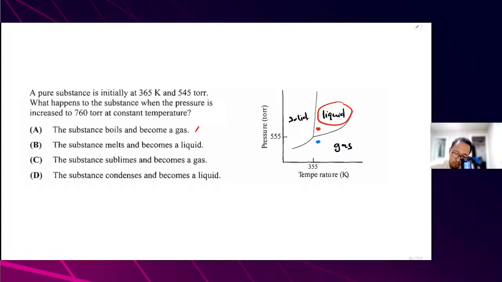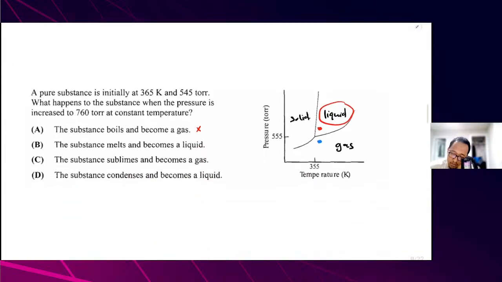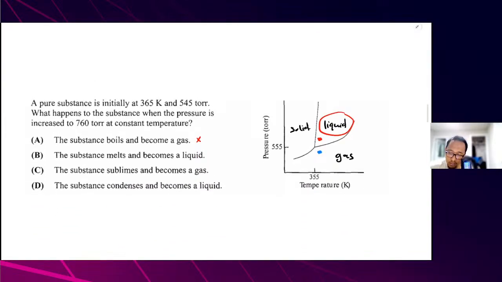No. The substance melts? It's not melting actually, because it's not in the solid, right? It should be in the gas. The substance sublimes and becomes gas? Nope. The substance condenses and becomes liquid? Yes, that's true. So the answer will be the condensing one.